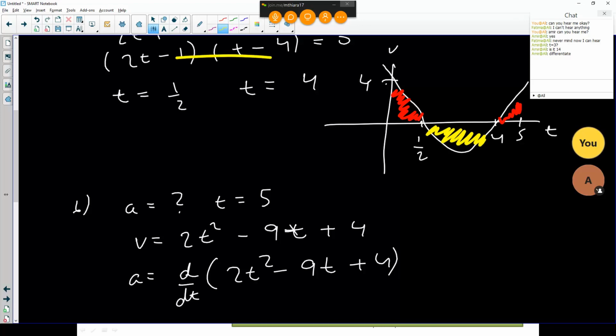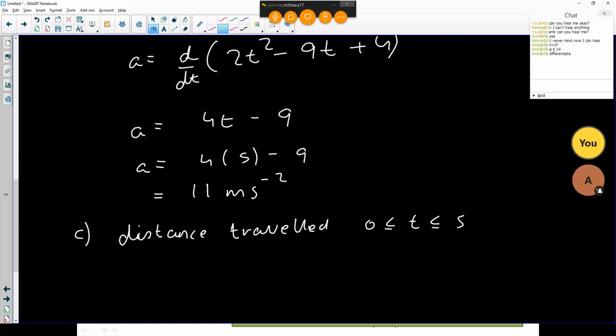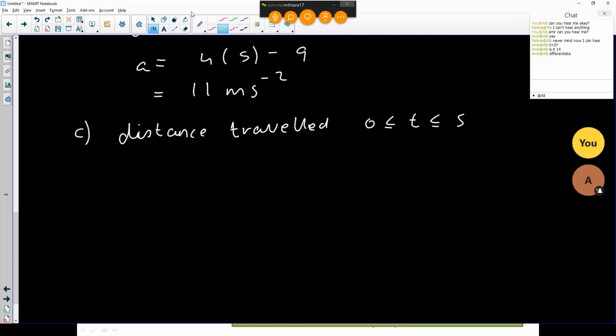So if I call this bit part 1, this part 2, and this bit part 3, I'm going to find a general expression for the integral, and then use 3 sets of limits to help me work out the total distance travelled between 0 and 5. So let's have a look at this.